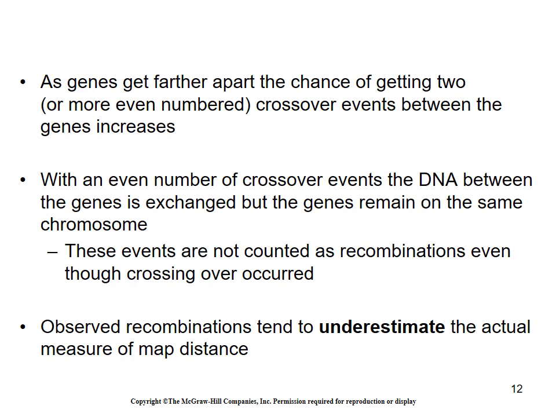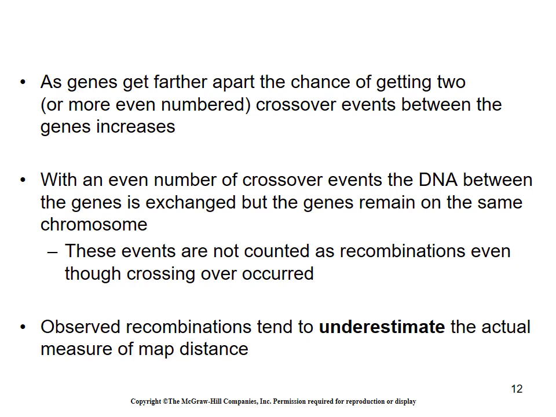But the thing is, when you do your genetic mapping, so when you do your Punnett square with your heterozygotes and your homozygous recessive, you can't really follow through to the exact number of crossing over that occurs. So oftentimes there are events that are not counted as recombinations, even though crossing over has occurred.